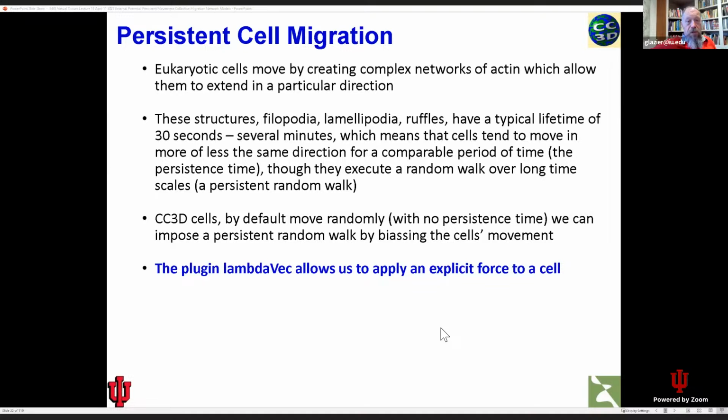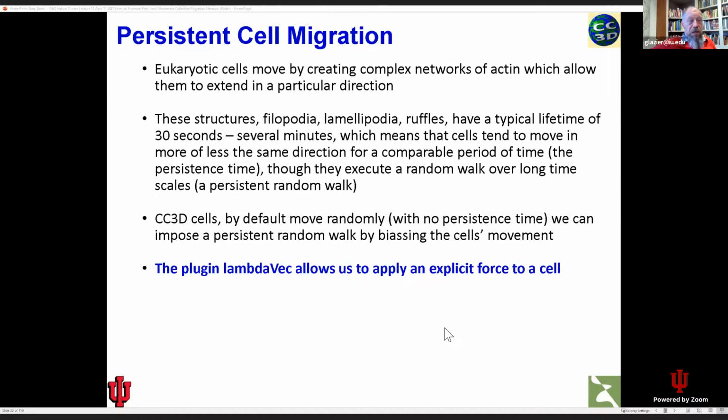Filopodia, which are essentially fibers, which the cells extend, anchor, and then pull on. So it's a little bit like taking a rope with a hook on the end of it. The cell throws the rope out. If the hook hooks onto something, the cell then pulls on the rope and pulls itself towards the bound spot.